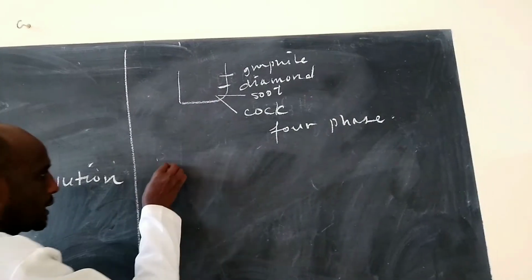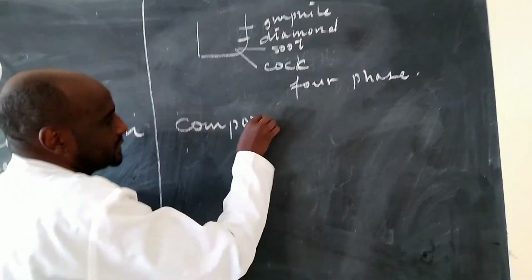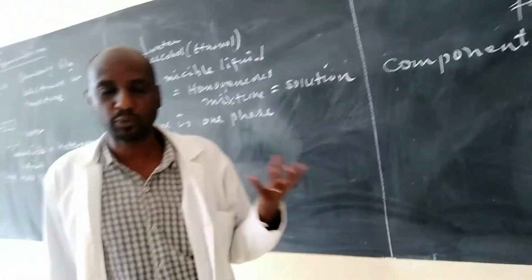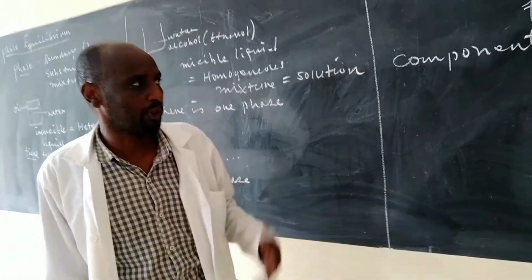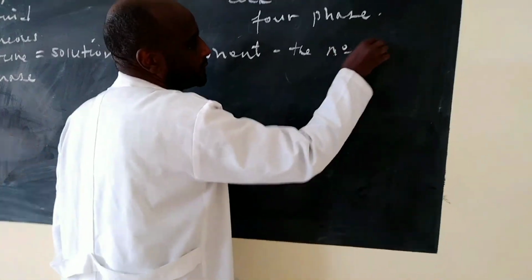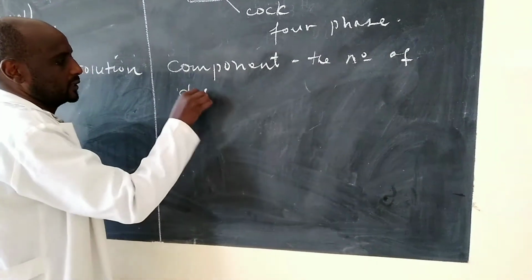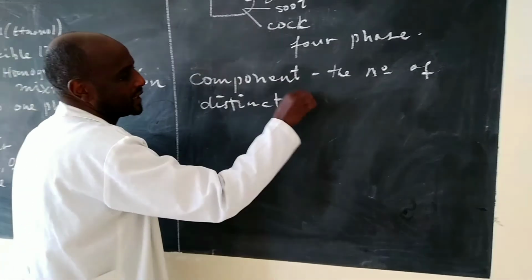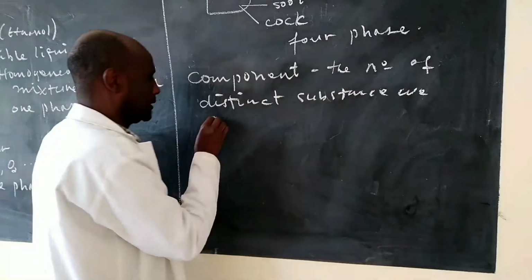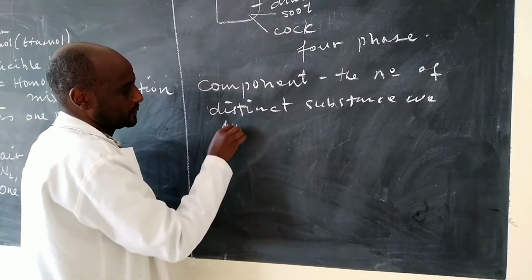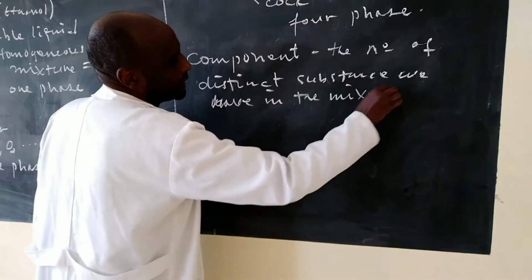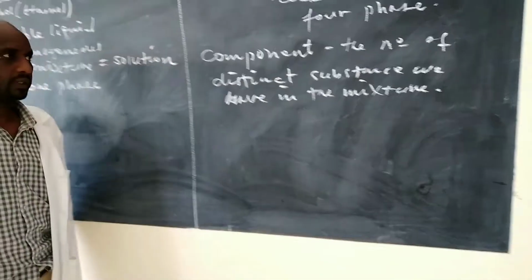Component is the substance within the mixture. The number of distinct substances we have in the mixture is known as the component.